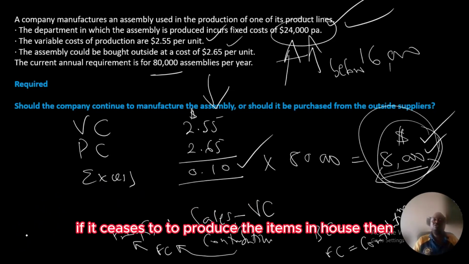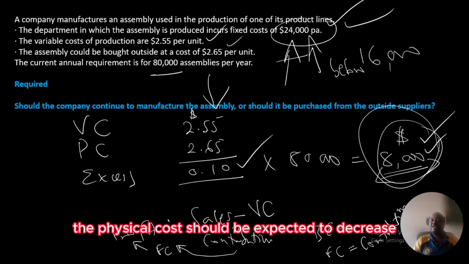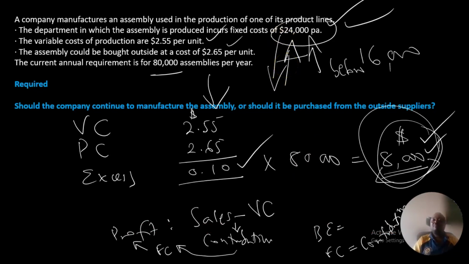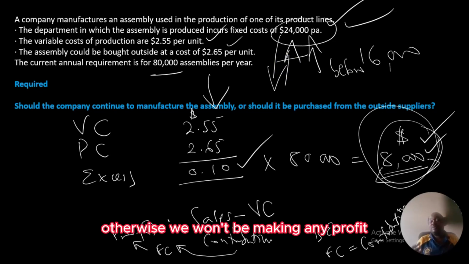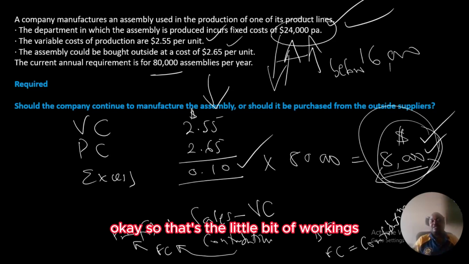If it ceases to produce the items in-house, then the fixed cost should be expected to decrease by above 8,000. Otherwise, we won't be making any profit. Are we together? Okay, so that's the little bit of workings.